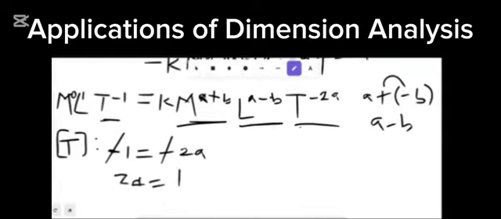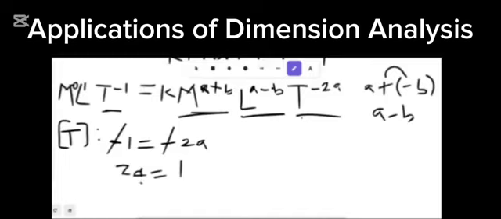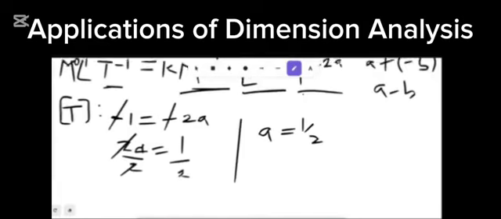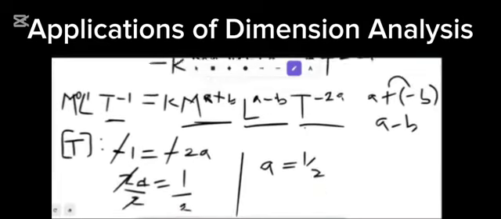Now, there are two powers, A and B. I found A to be equals to 1 all over 2. M here has power A and B. L also has. So I only use one of them, because I only need one. If you want to use M, maybe I'm just going to show you using both of them to show that they will still give me the same thing. So if I want to use M, compare the powers of M. What's the power of M on the left hand side here?